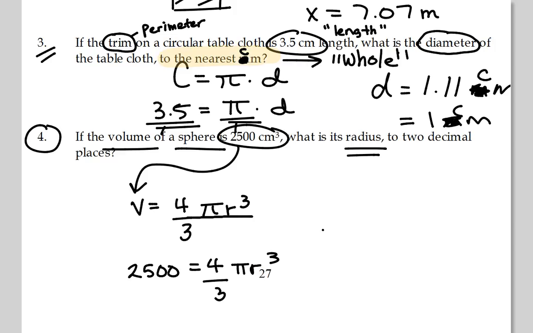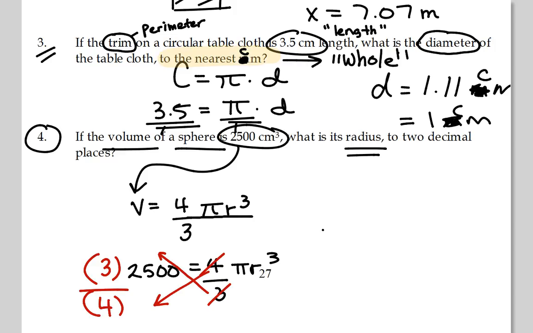Just flip it. What is it? 3/4. So in a sense, you would think that 4, which is upstairs on the right, goes downstairs on the left. And the 3 goes upstairs on the left because it's downstairs on the right. So you'd have a 3 up here, you'd have a 4 down here. Those are now switched to the other side.